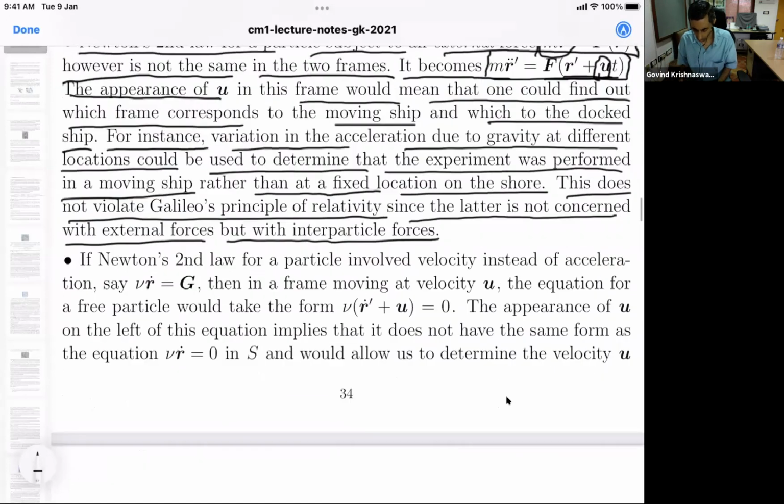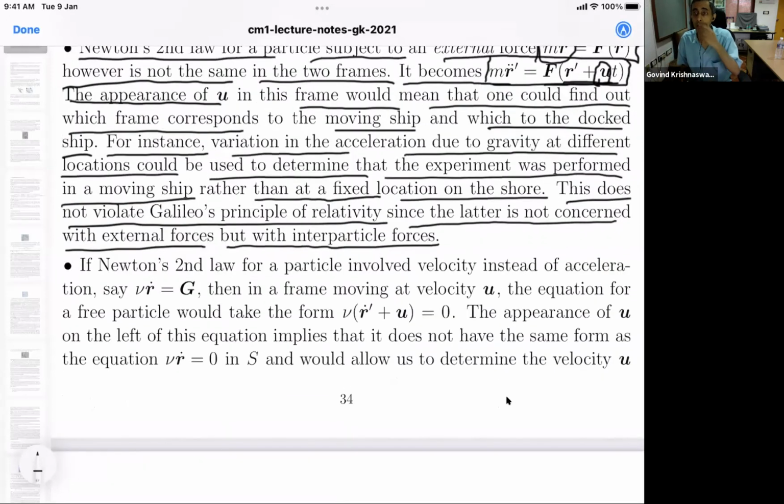Finally, any other question? Okay. So now going back to something that Ripunjay and Shubham were discussing, let us just briefly indicate why Newton's second law for a particle cannot involve just the velocity.